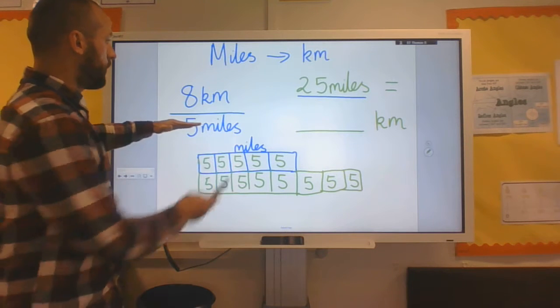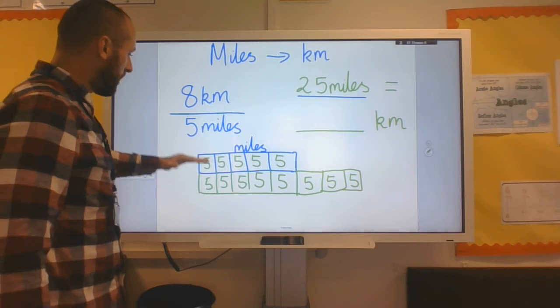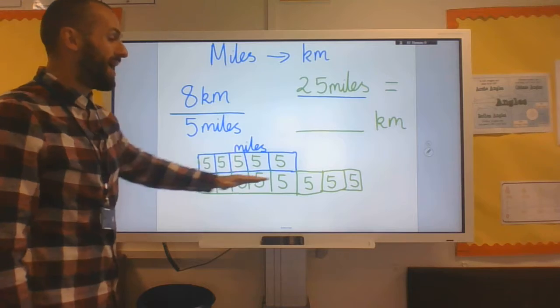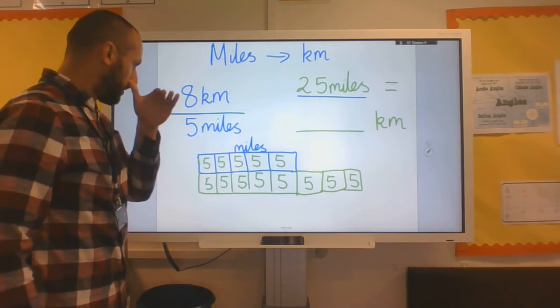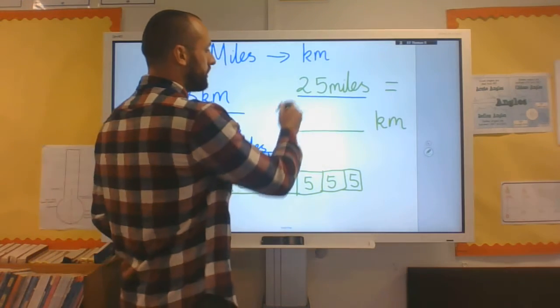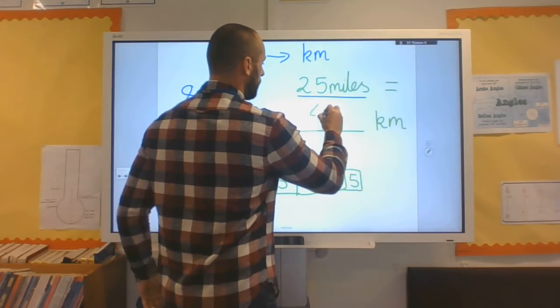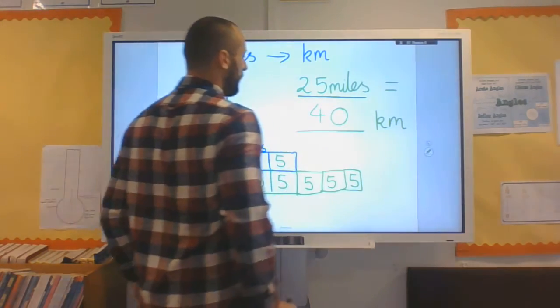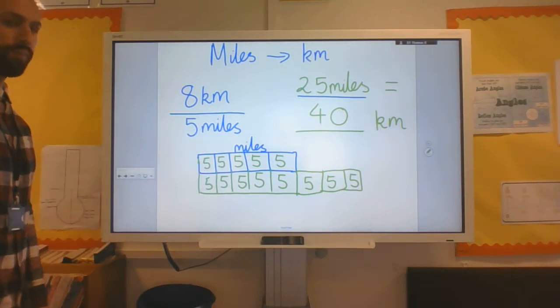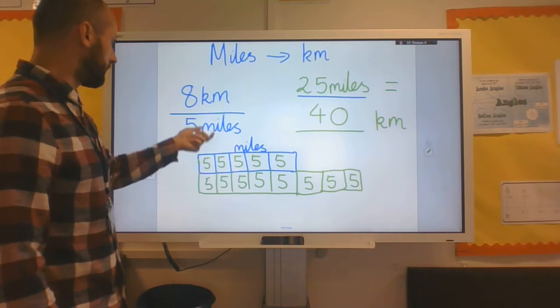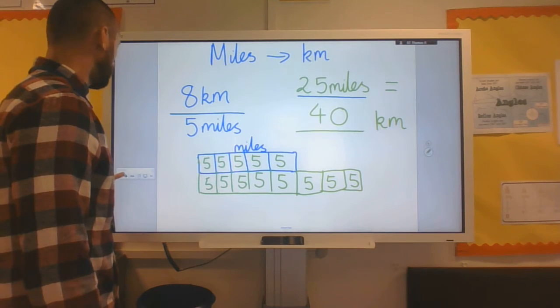Therefore, we did 25 divided by 5. We've timesed it by 8. So now I can say that 25 miles is 40 kilometres. Keep referring back to this formula here.